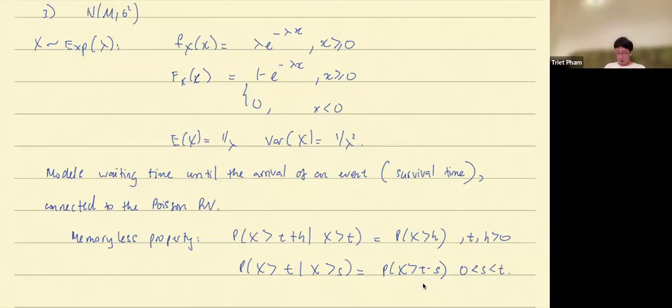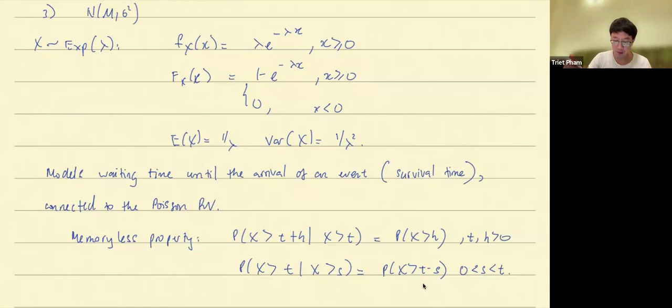So again, why memoryless? The reason is to think of x as the survival time or the waiting time of something. You have your laptop having survived a year, and you ask, what's the probability it's going to survive the next 3 months? The answer is, it's as if you bought a new laptop and asked what its survival chance is for more than 3 months.